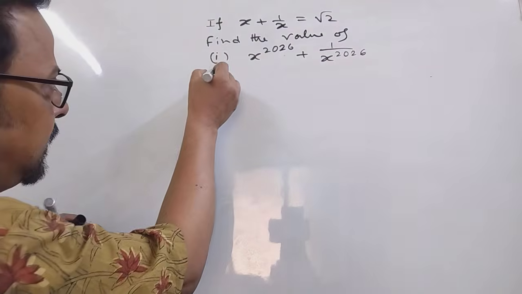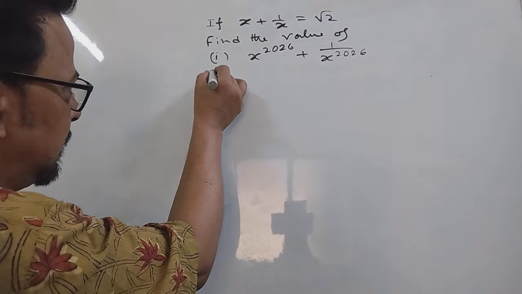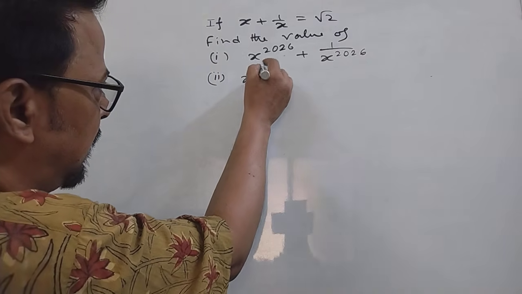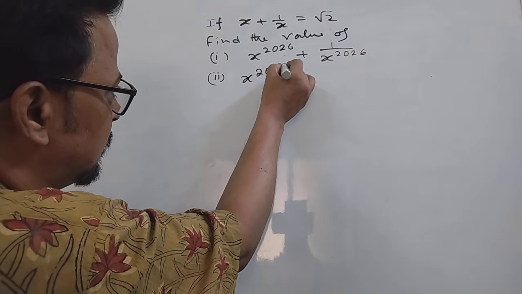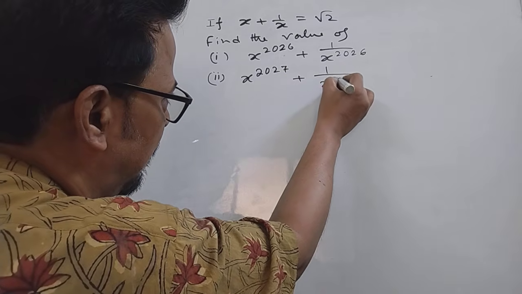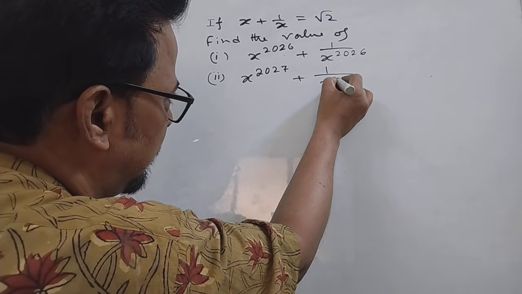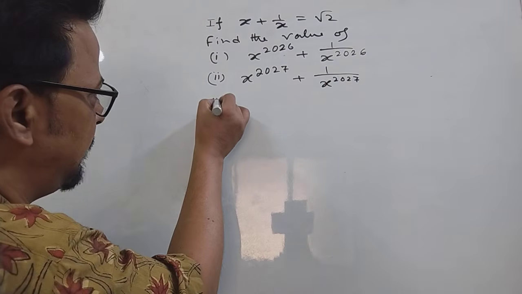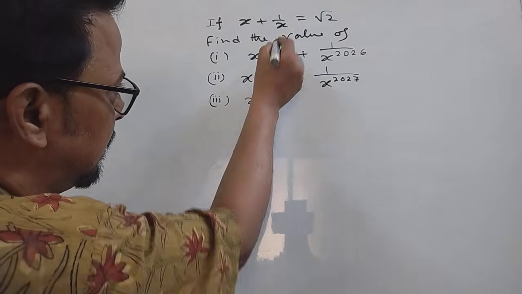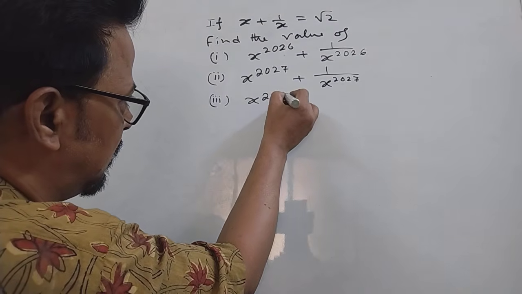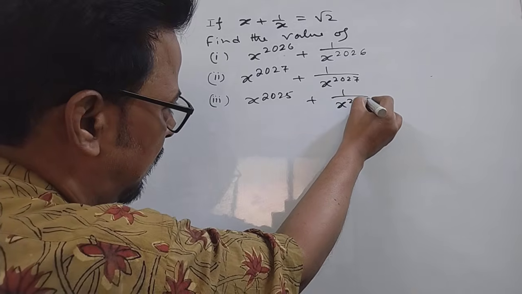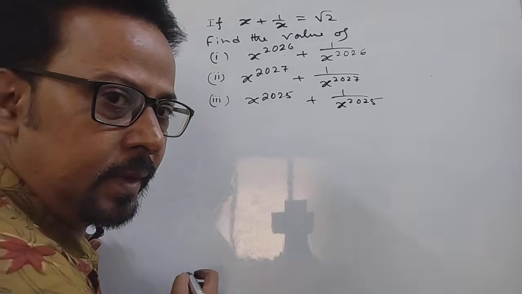Or it can be like x to the power 2027 plus 1 by x to the power 2027. Or it may be x to the power 2025 plus 1 by x to the power 2025.